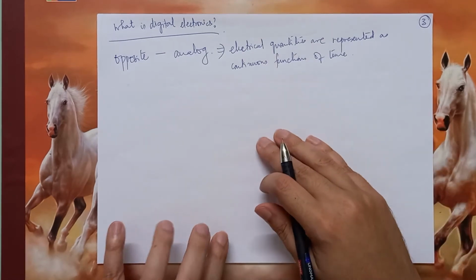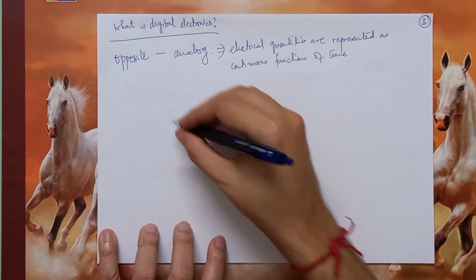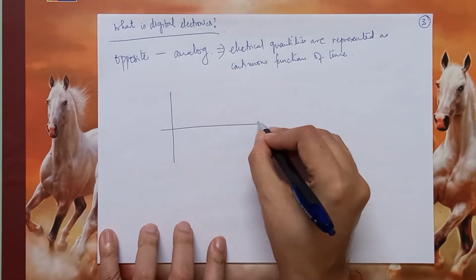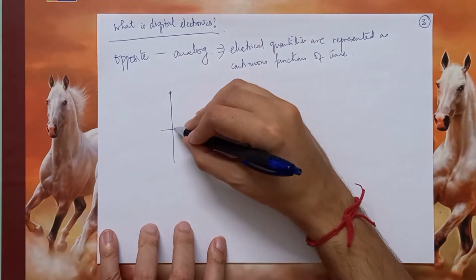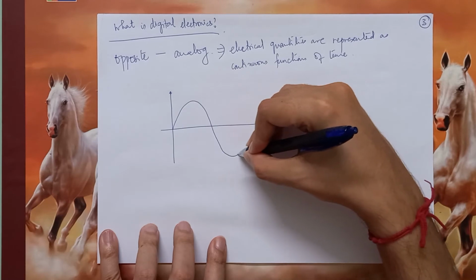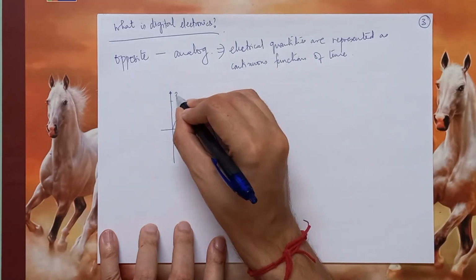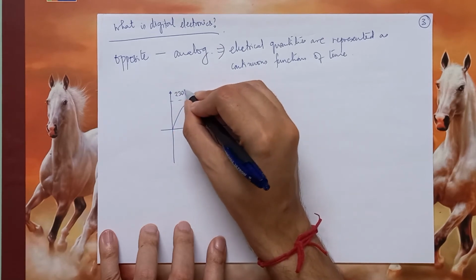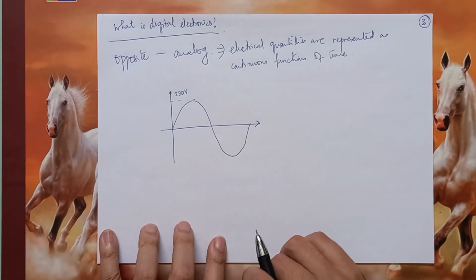what is one of the easiest examples of analog systems that we come across in our daily life? Say, for example, the voltage that comes to the plug points in our homes. We know that it's a sine wave that looks something like this, whose amplitude is roughly about 230 volts. Its frequency is 50 hertz.